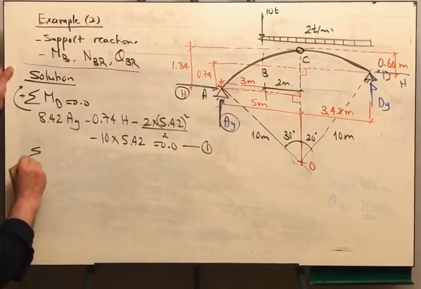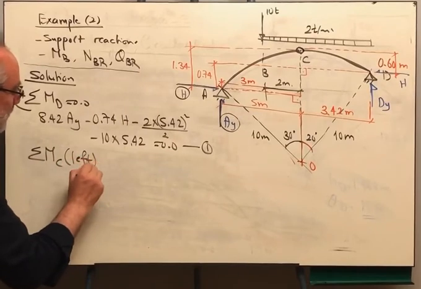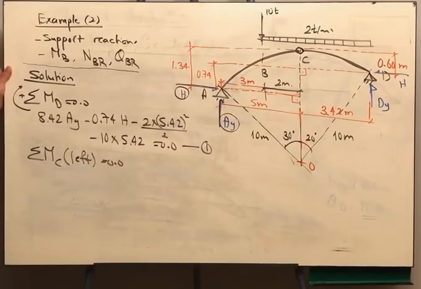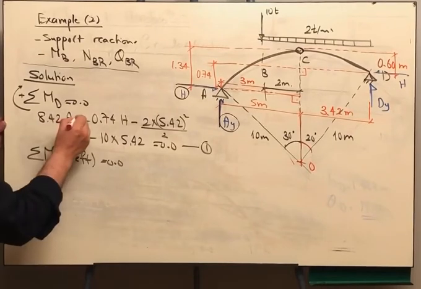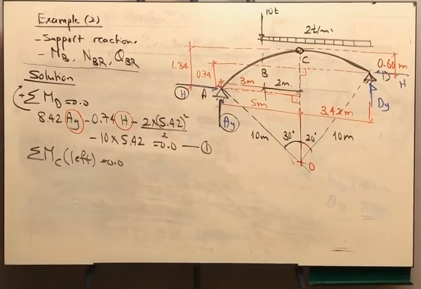The second equation, I will take summation of moments about point C from the left hand side. I want to get another equation in the two unknowns that I'm searching for, AY and H. Okay?